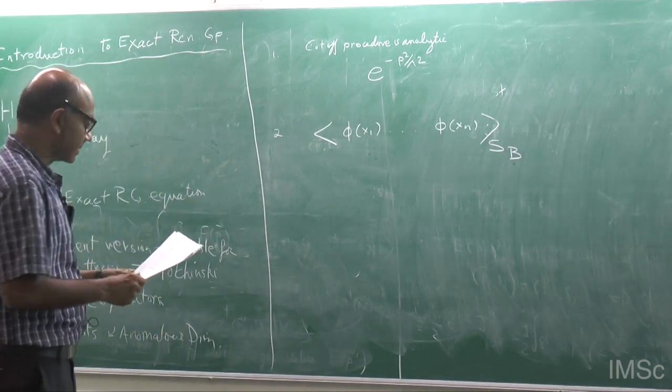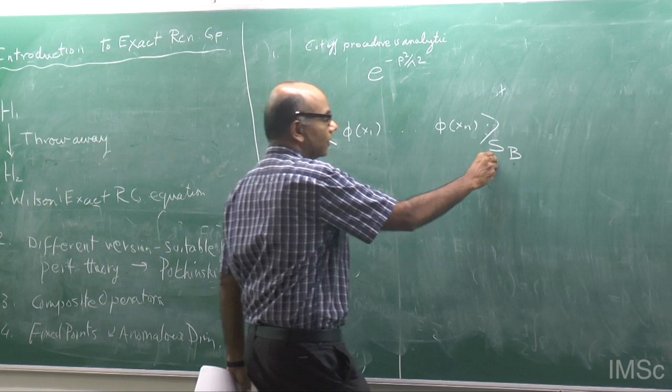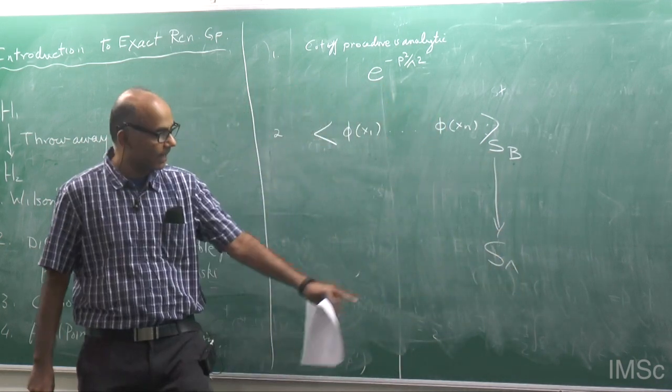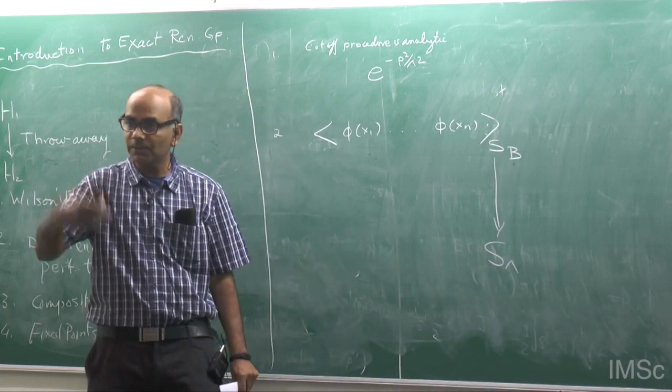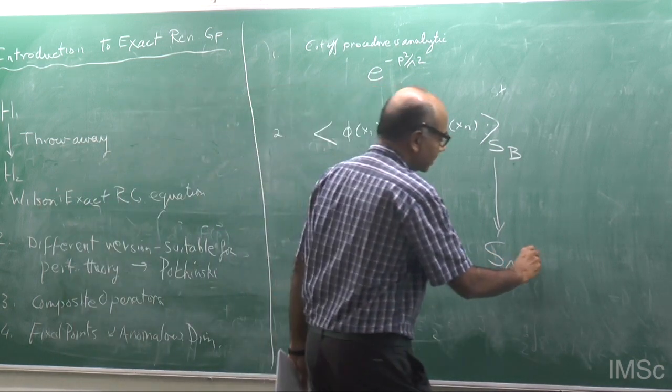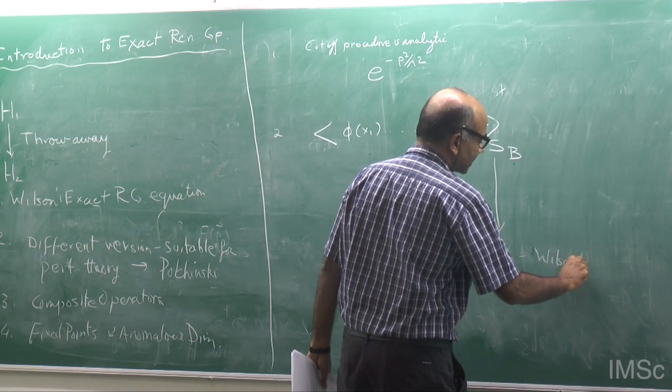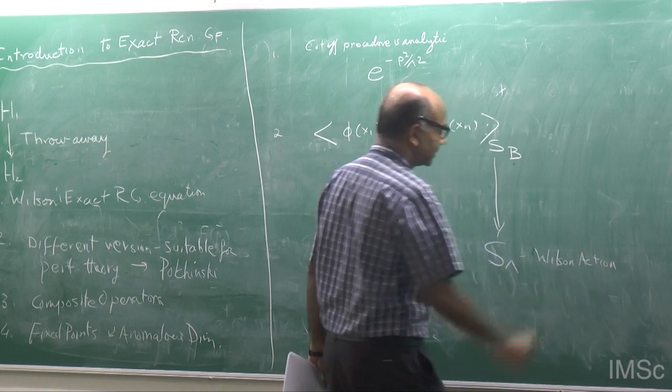And the claim is that you will go down in energy to some other action with some parameter lambda, which is a movable scale. I'll describe, this can be called the Wilson action, but that terminology will come later.